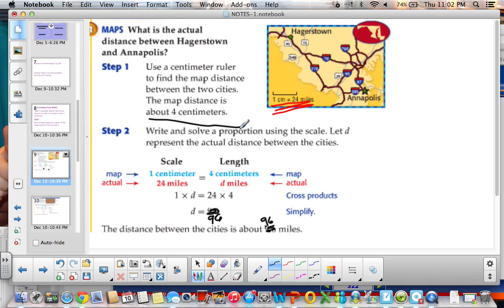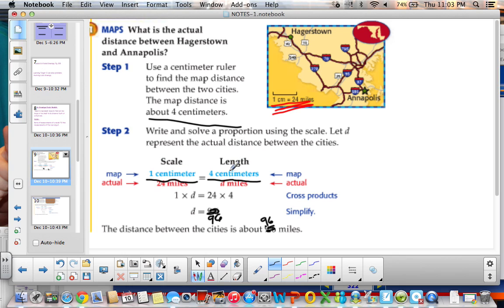So we're going to set up a proportion. I'm going to put a line under here. And we know that 1 centimeter goes with 24 miles, so that's going to be our scale over here. And then the length, we just measured 4 centimeters, so we want to know how many miles that would be in real life.